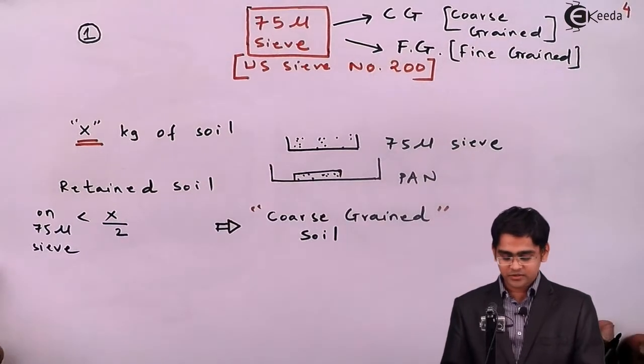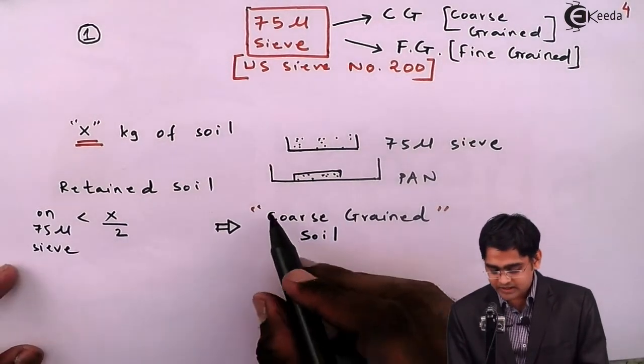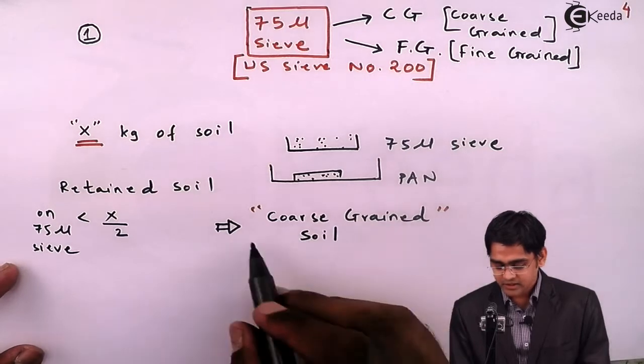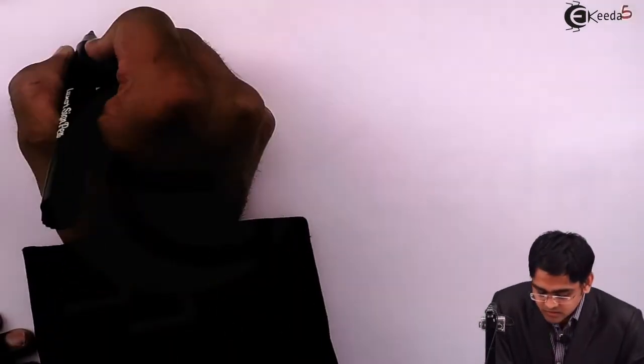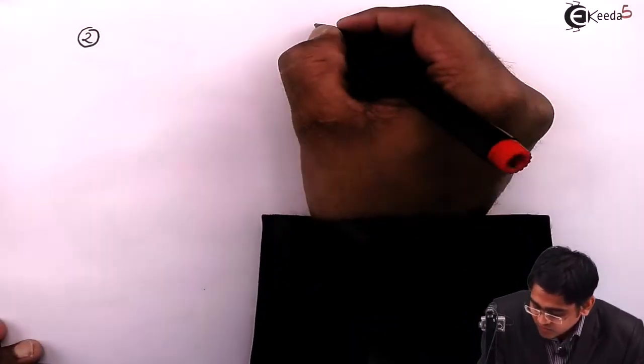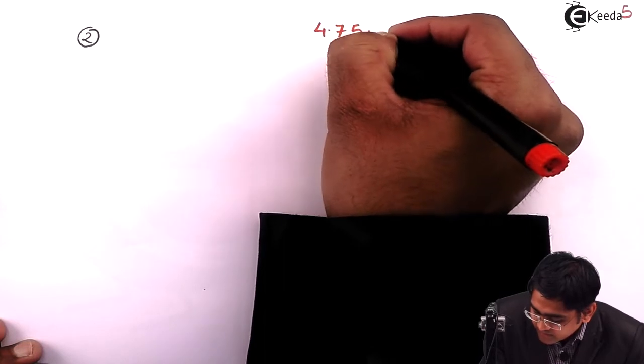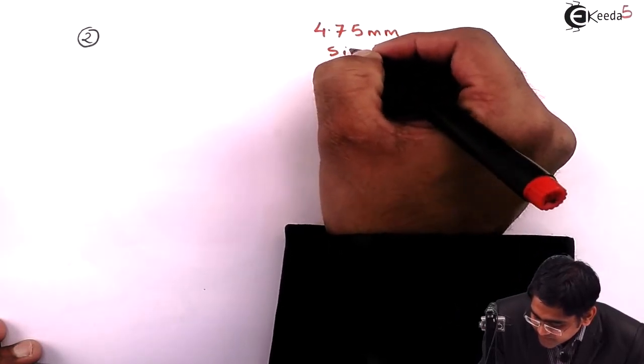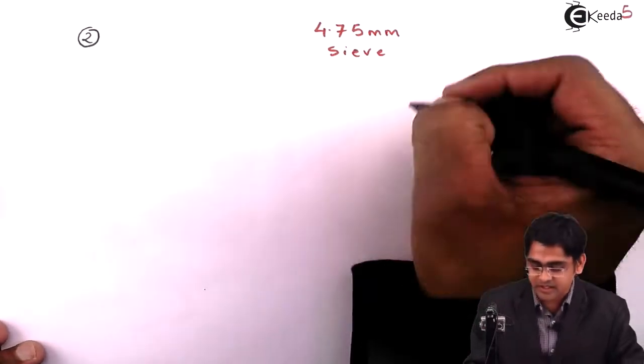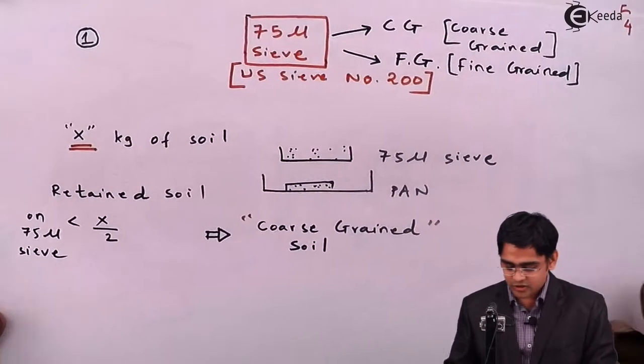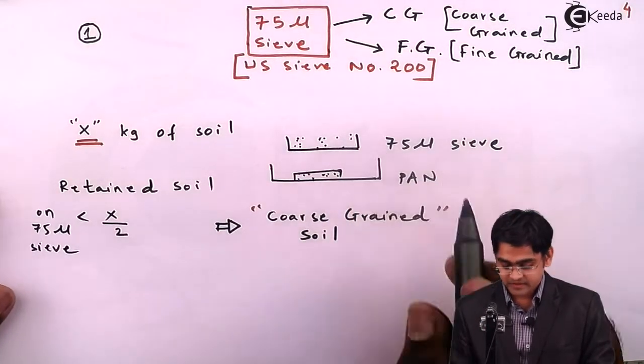Once you are confirmed that you have coarse-grained soil, you need to do the following steps. You need to take a 4.75 mm sieve and sieve all the material which is retained on the 75 micron sieve.